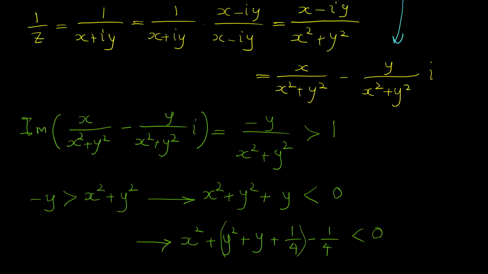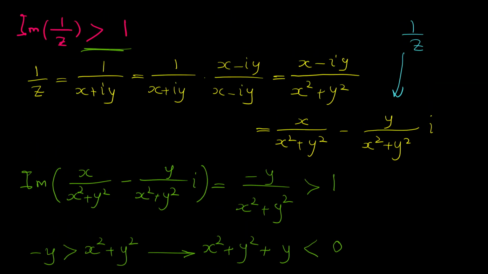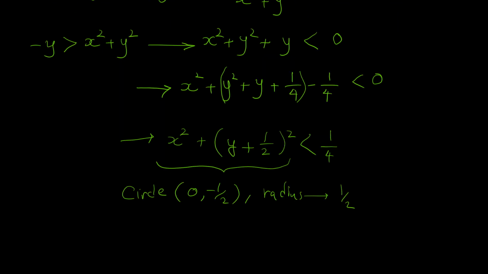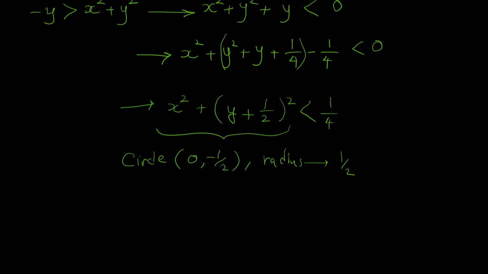So back to our question. This equation shows a region. That region is a circle. The center of the circle is 0, negative 1/2. If we suppose negative 1 here, negative 1/2 is here.